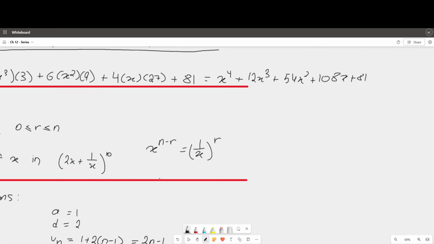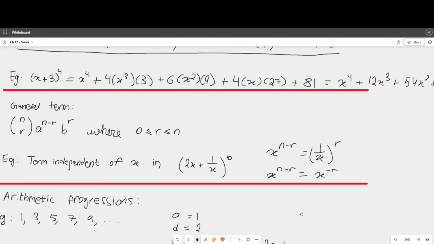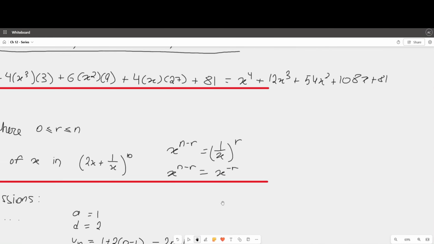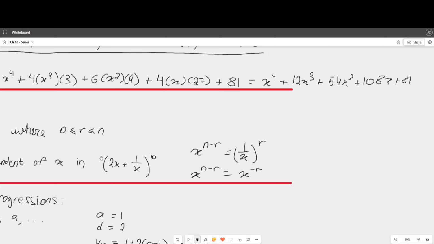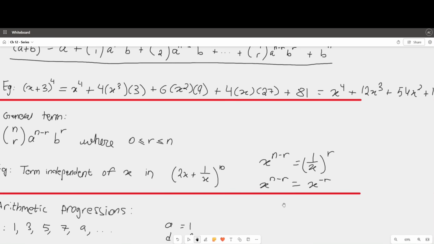Right, so that's basically what we're saying: x to the power n minus r is equal to x to the power minus r. That's basically what we're looking for, a term in this expansion where x to the power n minus r is equal to x to the power minus r, because 1 by x is the same as x to the power negative 1.